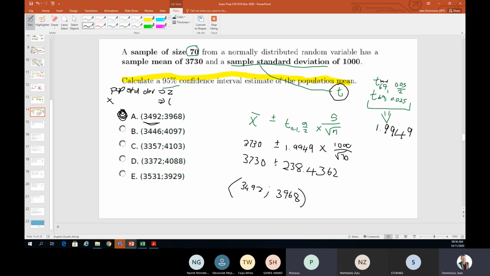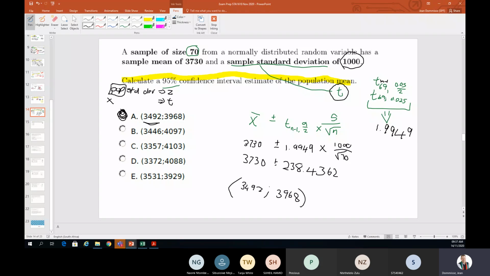And what is important is the population standard deviation, because sometimes you say, but John, why are you saying unknown if you're actually telling me it's 1,000?